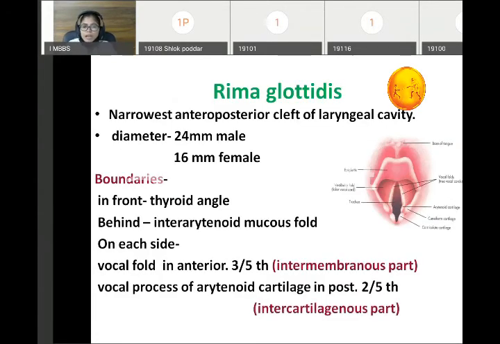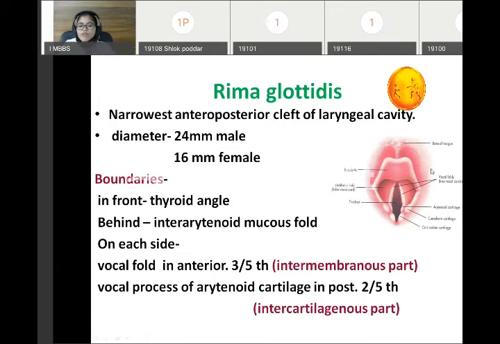Now, the rima glottidis. We have seen the rima glottidis is the space between the two vocal folds. Here in this diagram you can see this is the vestibular fold and this is the vocal fold. Its diameter is about 24 mm in males and 16 mm in females.